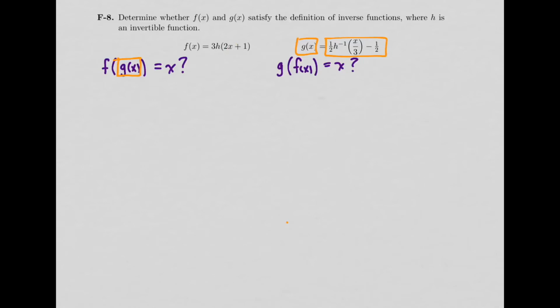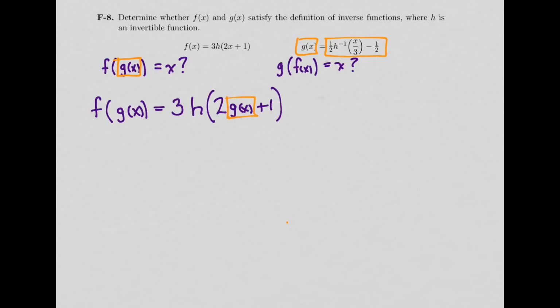What do I get? So let's start. f with g of x as its input is equal to, well, what is the f function? It's 3 times what the h function creates, where you take twice its input, plus 1. And we're now going to replace g of x with its formula.